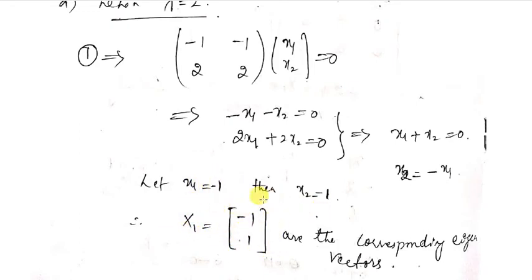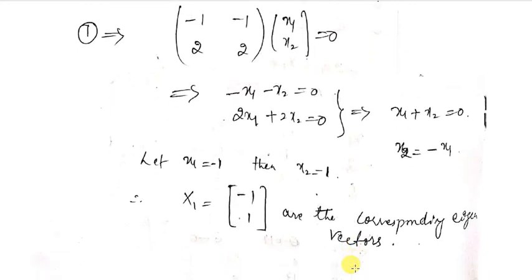So representing the values of x1 and x2 in a column matrix, capital X1 is equal to minus 1, 1, which is the corresponding eigenvector of the eigenvalue lambda is equal to 2.